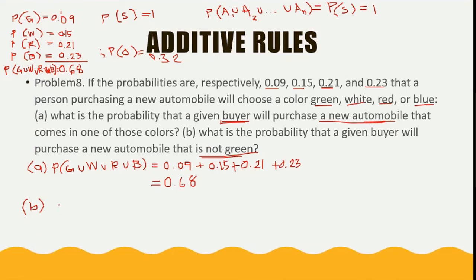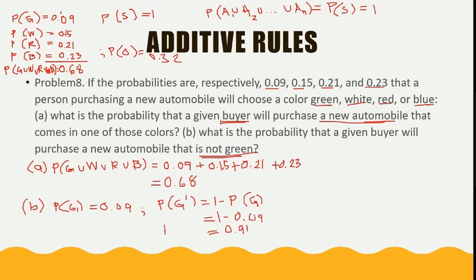Since the probability of selecting green is 0.09, the probability that he will not buy a green, which we denote as the complement, is actually equal to just 1 minus the probability of buying green. And that is 1 minus 0.09, and that is equal to 0.91.